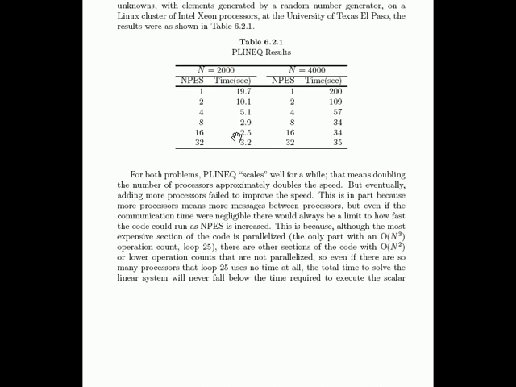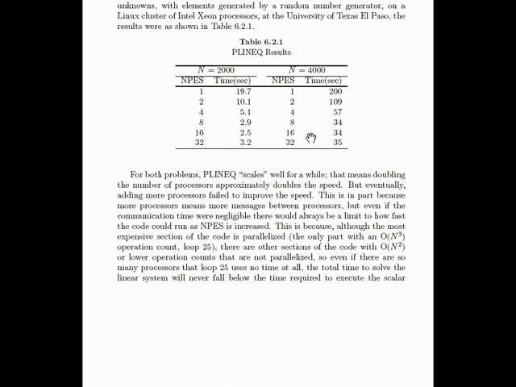And that's unfortunately essentially always going to happen. As you get more and more processors, you've got more and more communication, and you're going to reach a point where there's no gain in adding more processors. But if you go to a larger matrix, then you can go further out before it starts getting bad.